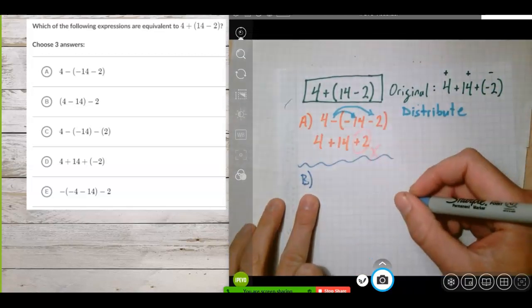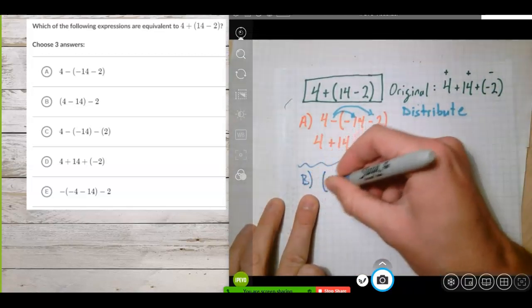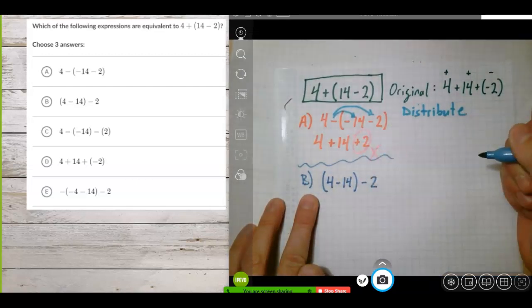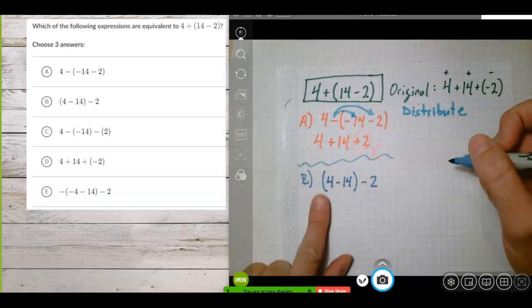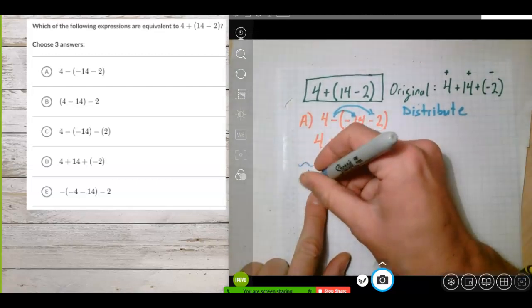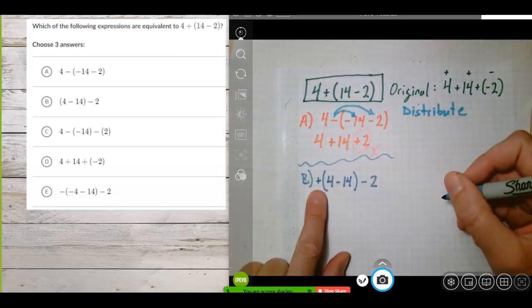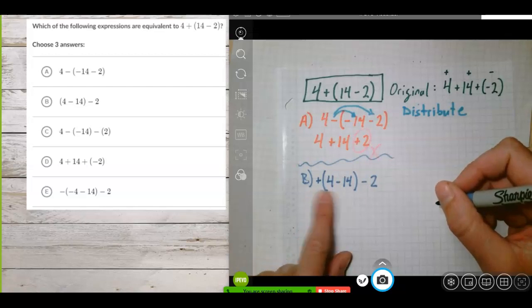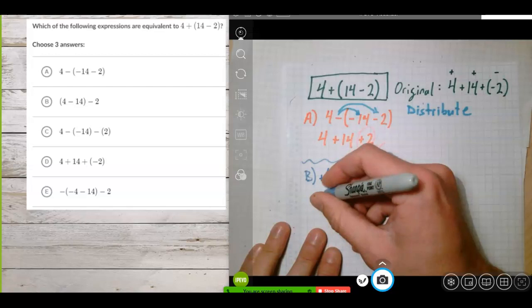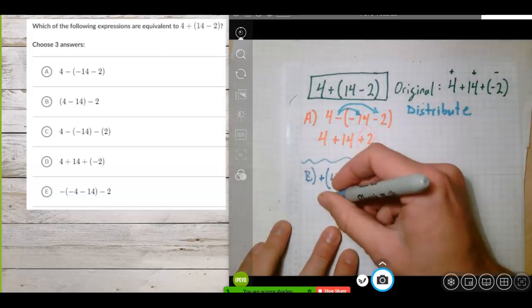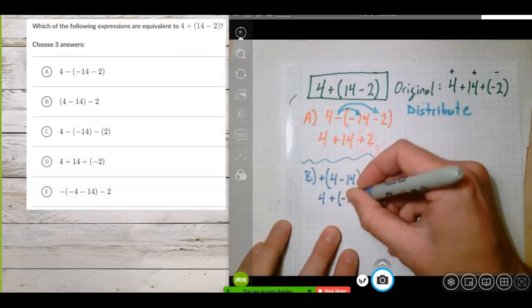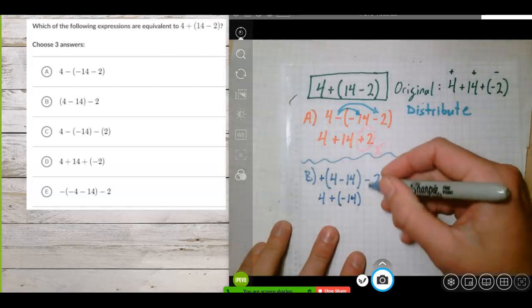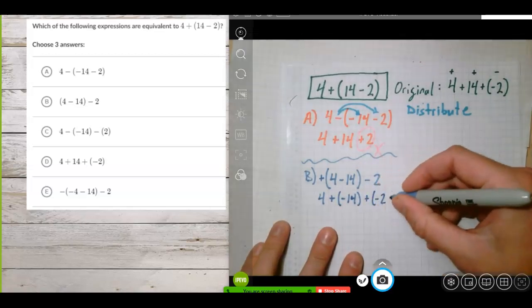So if we look at option B, it's parentheses 4 minus 14 minus 2. Now there's nothing in front of this parentheses, so we have an assumed positive, right? We can always assume positive unless we see negative. Positive just tells what's in the parentheses to stay how it is. So our 4 is positive, and our 14 is negative, because remember we said instead of minus, we can write plus the negative, and our 2 is negative.